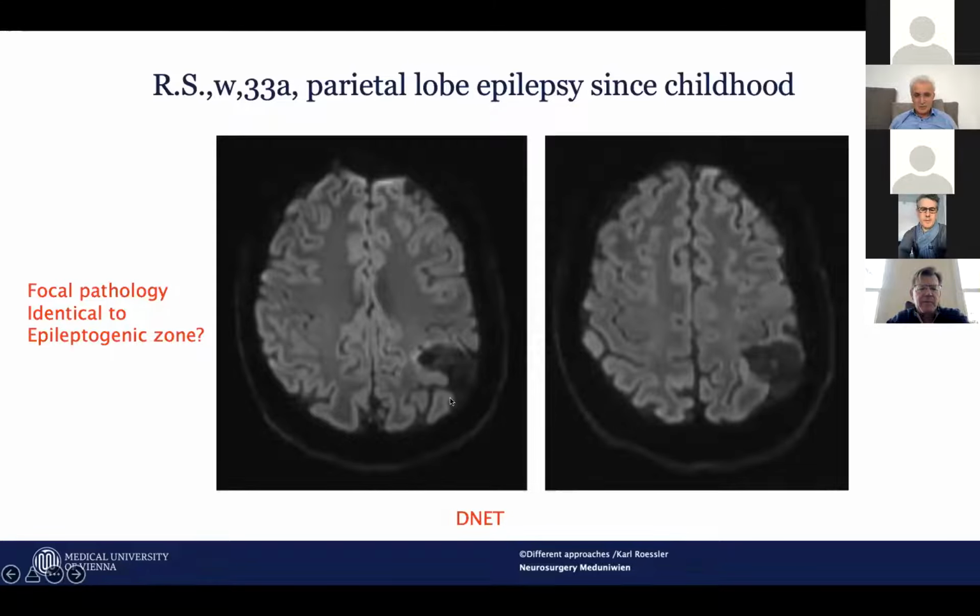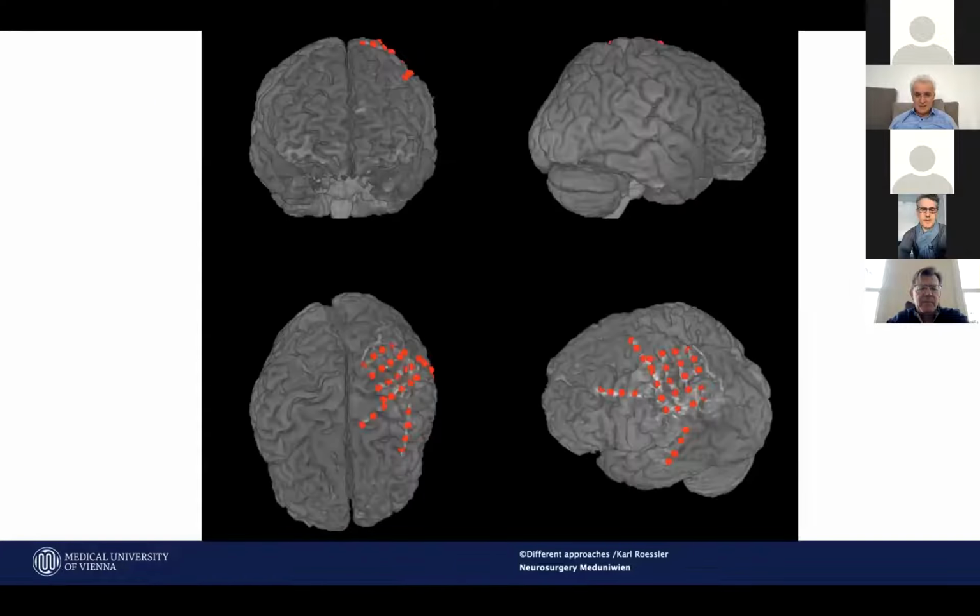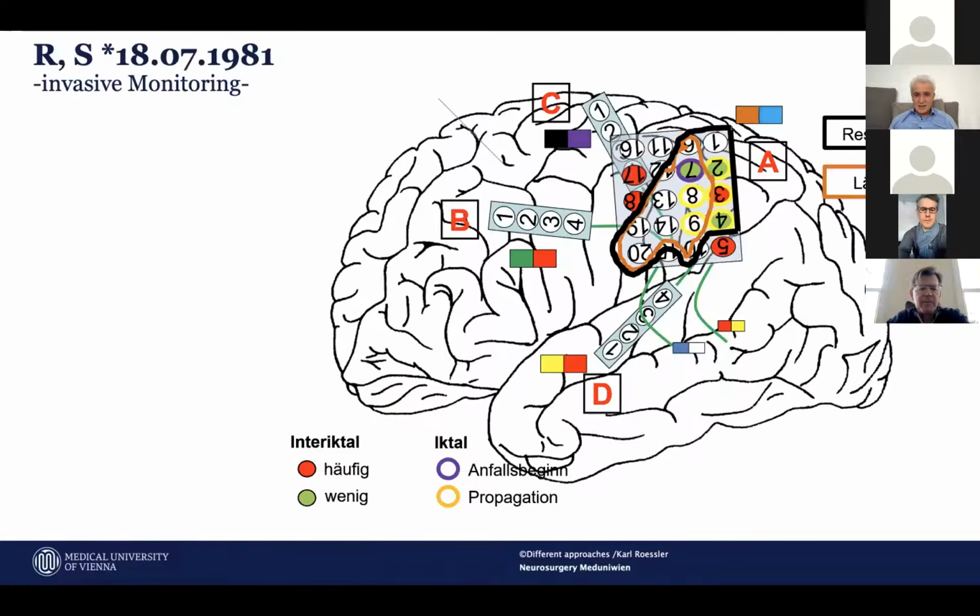We were not sure that the epilepsy came from the lesion alone, and so we decided to implant this grid and the strips around. And what we found was a significantly larger resection area due to the invasive monitoring, as the brown colored lesion was.